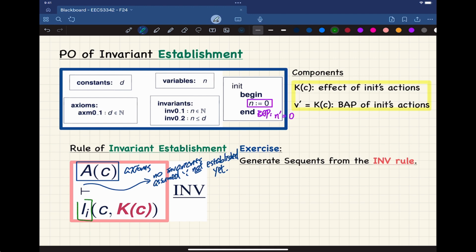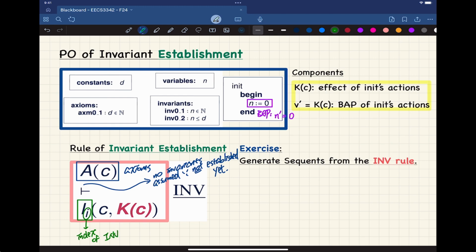One thing to note here, also from what we learned earlier: the index i tells you that there might be multiple sequents you have to generate if you've got multiple invariant conditions. So the i here is the index of the invariants.